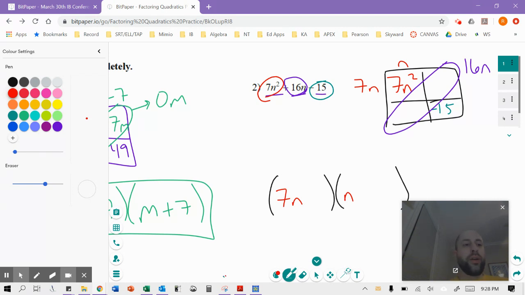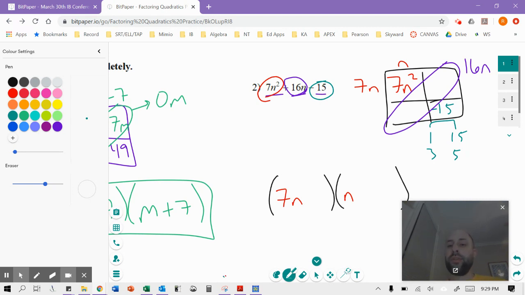And then we can start working on the negative 15. So here's where making a list of things that multiply to 15 helps: 1 and 15, 3 and 5, and then that's it. But one of those things is going to have to be negative in order for us to get a negative 15. So here we can just start guessing and checking.